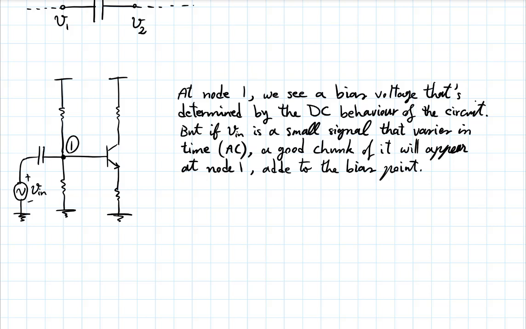Now, the higher the capacitance, the lower the frequencies that it will let through. We don't have time today to appreciate that fully, but we can gain a little insight by going back to our RC circuits.